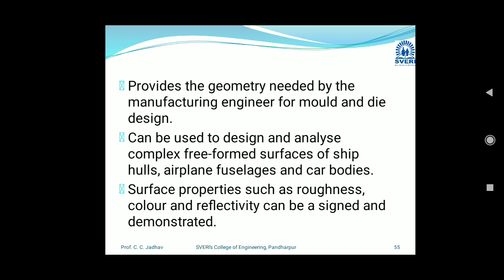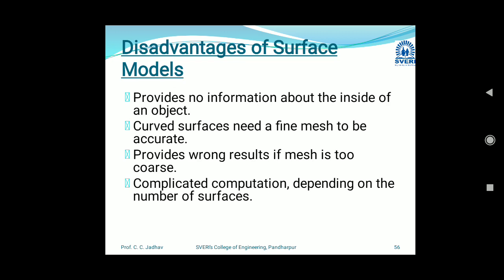In a wireframe model, we cannot use it for any further manufacturing processes. Why? Because there are no surfaces, there is no solid part. But in surface modeling there is a surface, so surface properties like roughness, color, reflectivity can be demonstrated. So these are the advantages.